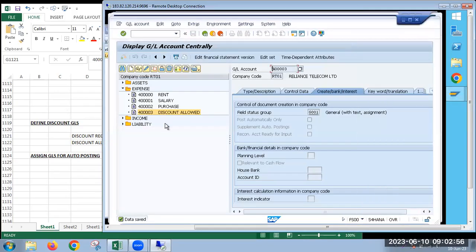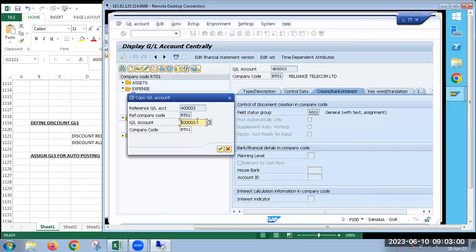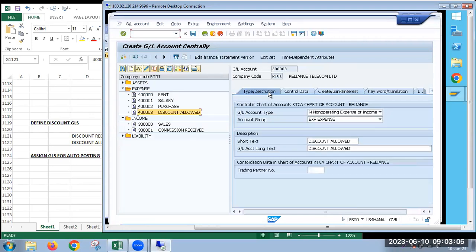So the same way we need to create a discount allowed account. Let's go for 3003. In the income, we go for discount receipt.